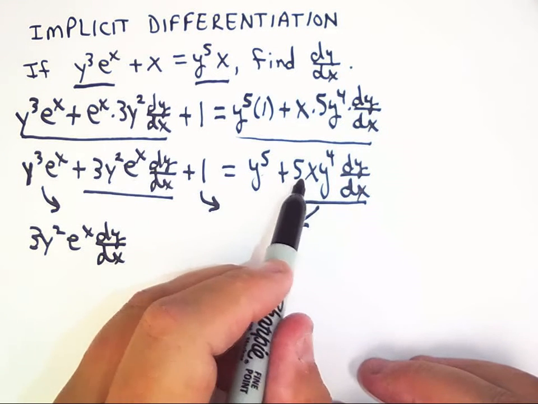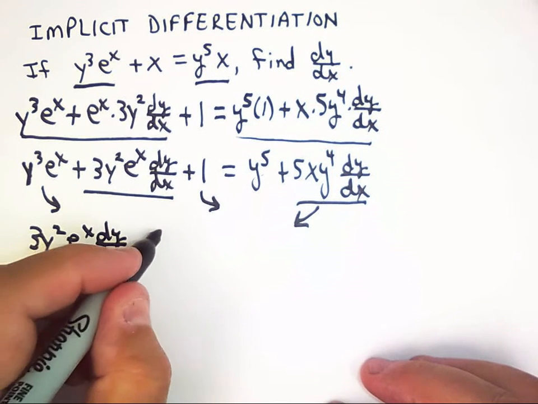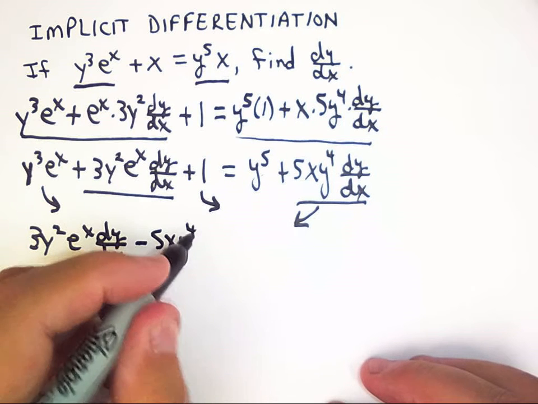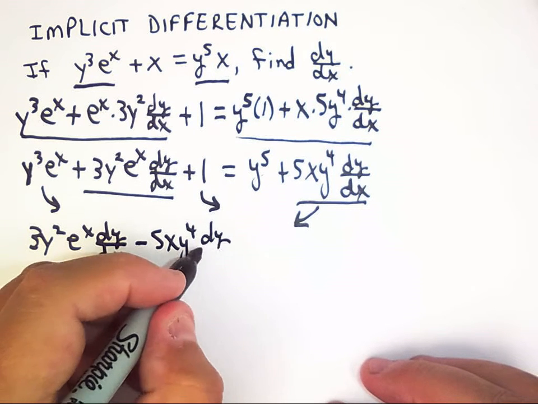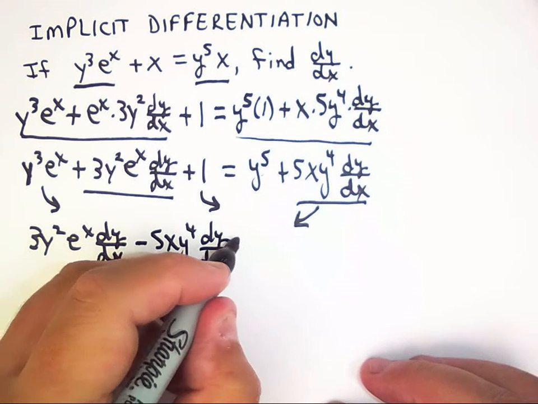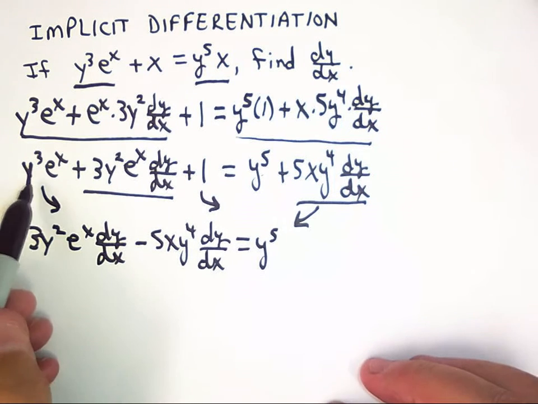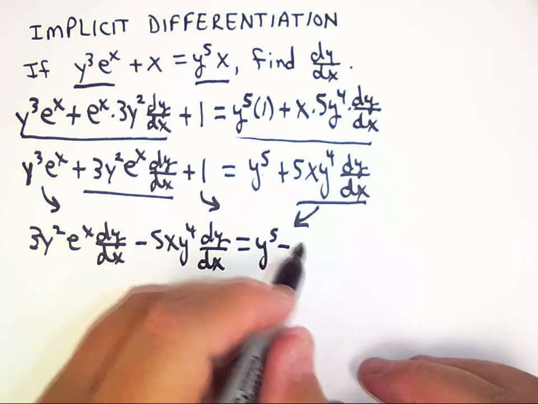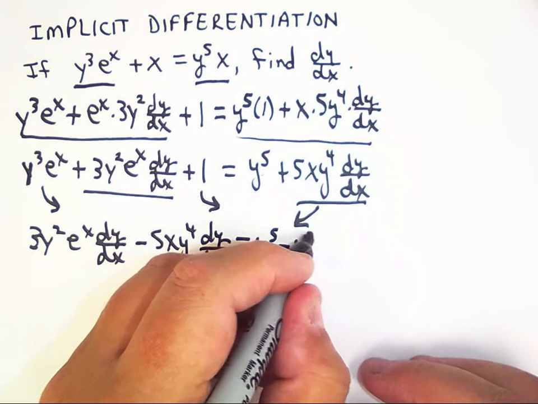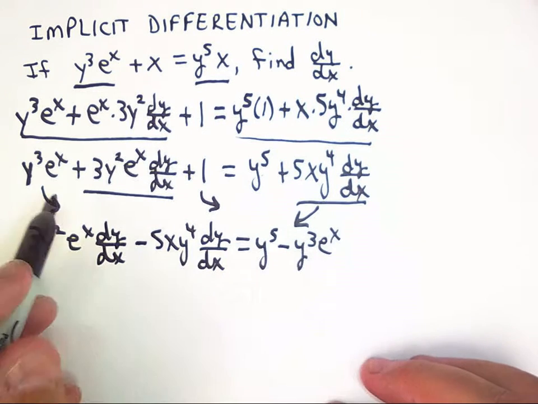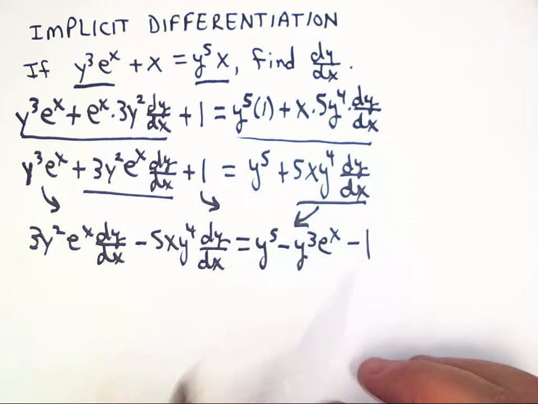This moves over so it becomes negative, so you got minus 5x y to the fourth dy over dx is equal to, the y to the fifth stays where it is, and this slides over and becomes negative, so you get minus y to the third e to the x, and this slides over and becomes a minus 1.